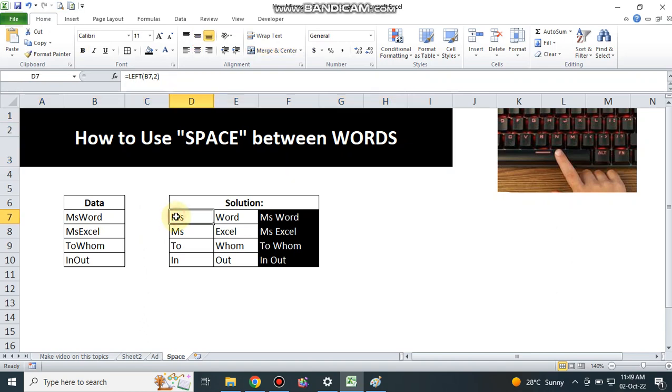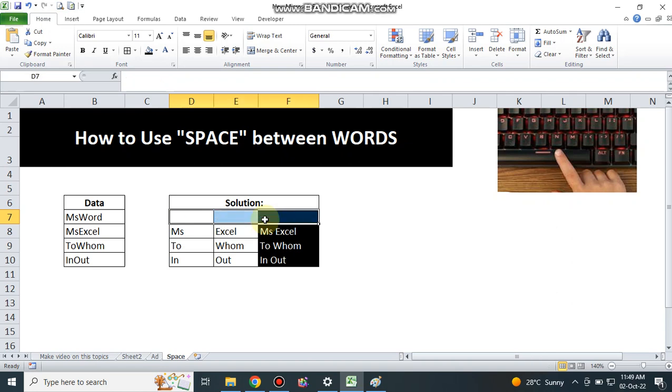Here you see I use formula left, and here I use formula mid, and here I use another formula. How to do it? Let's do it in an example.